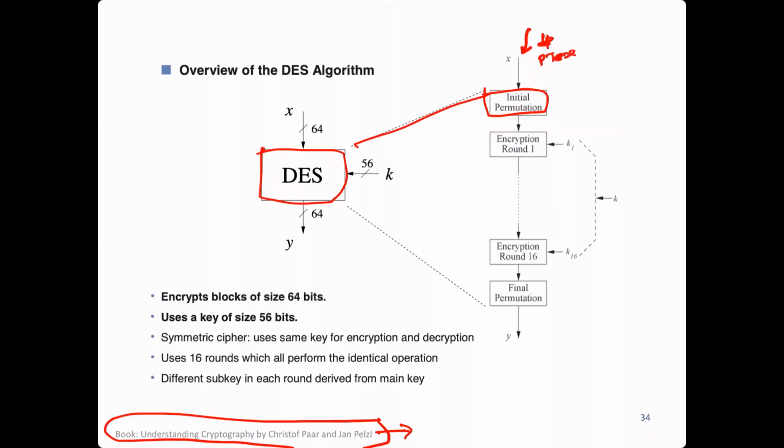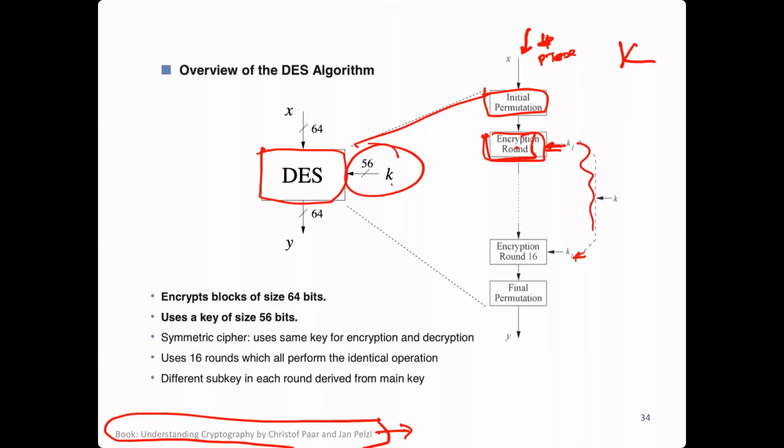Then encryption round 1. Note that there is one key, and from this key you have to generate multiple sub keys. There are 16 rounds, which means 16 sub keys are to be generated, and for each round you use one sub key.